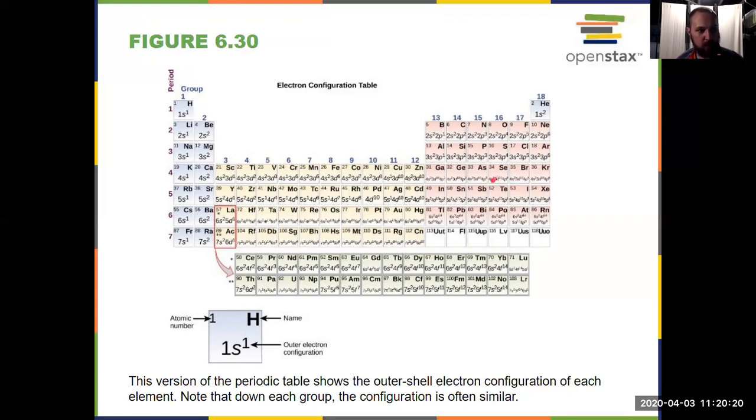For tellurium, the closest noble gas is xenon over here, but that has an atomic number of 54, which exceeds 52. So for tellurium, 52, I would have to use krypton. That's the highest number I can get, 36, without going over 52. Just a quick way to identify. So for tellurium's abbreviated electron configuration, I start with krypton and then write everything that's left for those remaining electrons.